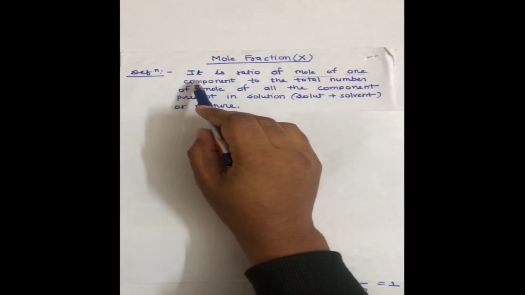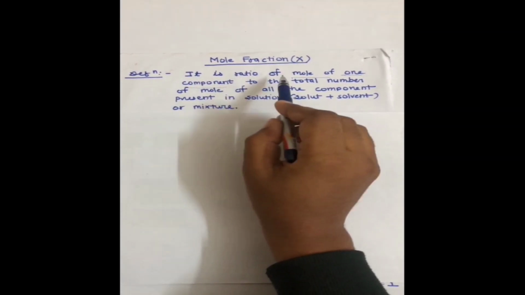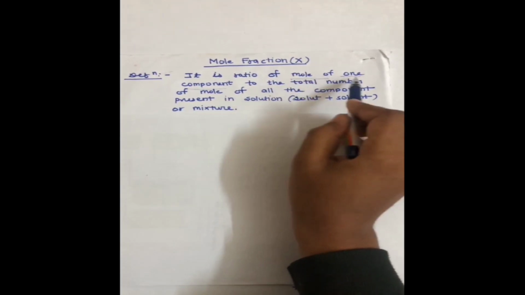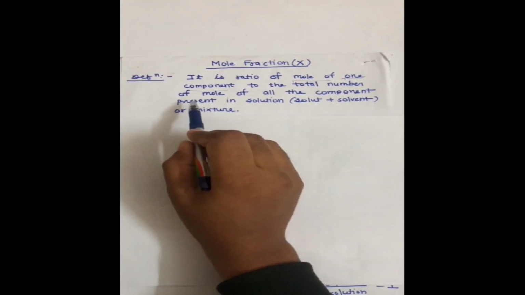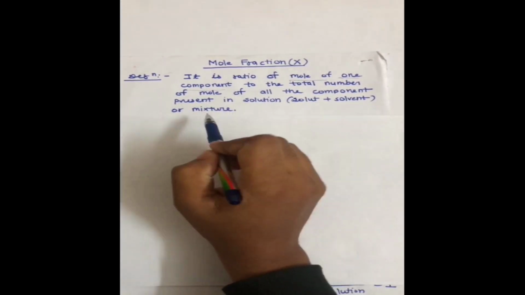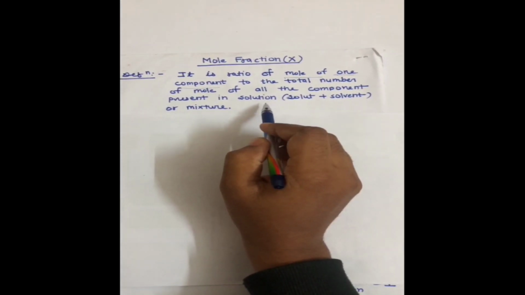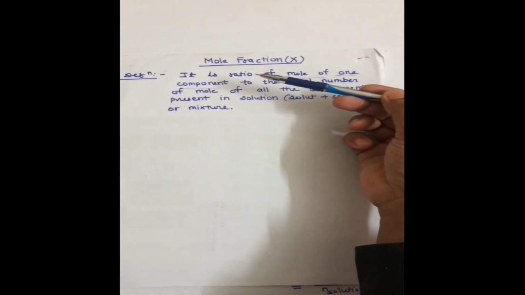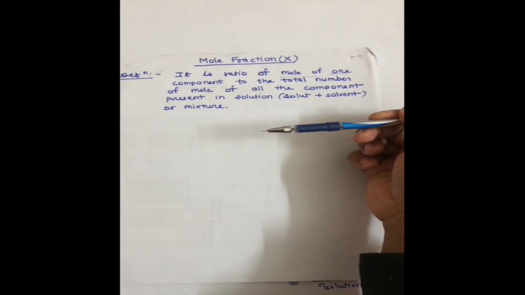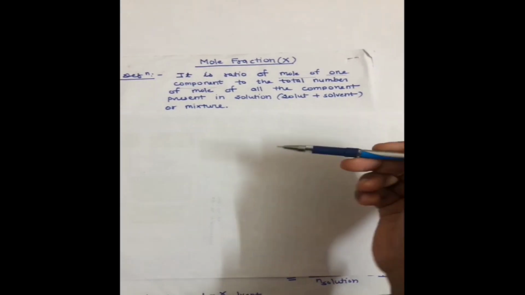So its definition will be, it is ratio of mole of one component to the total number of mole of all the components present in solution. That means mole of one component divided by total mole of all components.